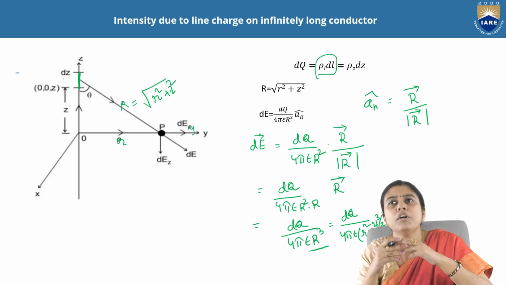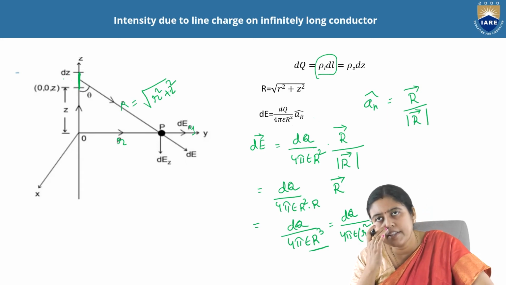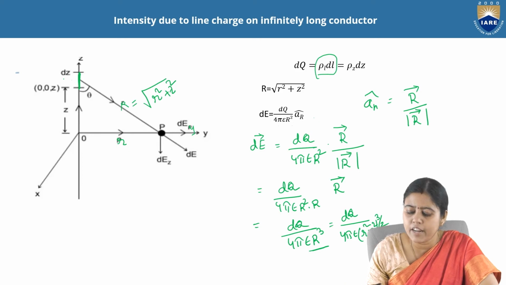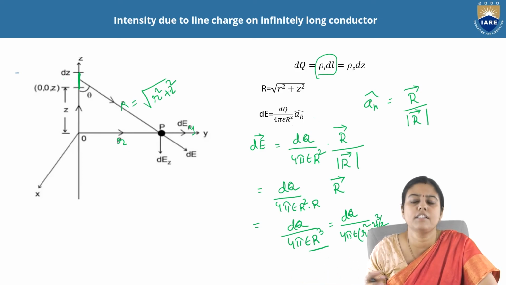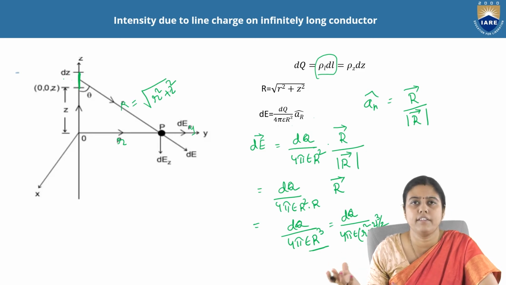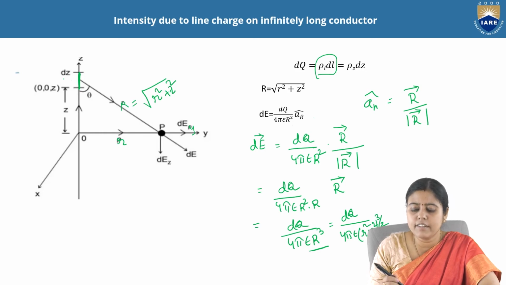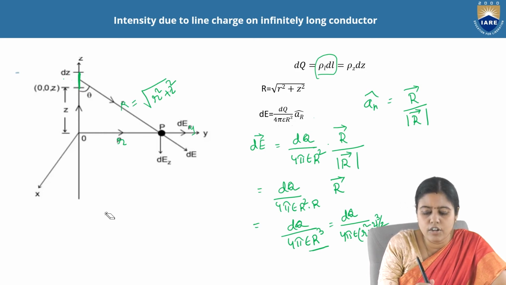Now we have to integrate it. If we integrate it, we can get the value of the field. So how to integrate? We can assume r is equal to x tan theta, z is equal to x sec theta, and we can put the values.